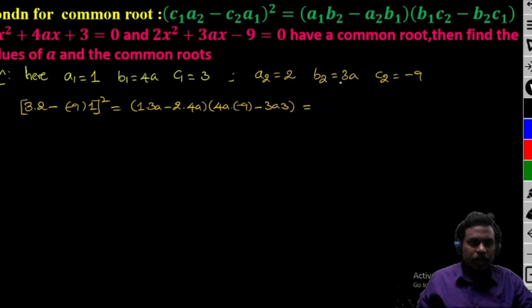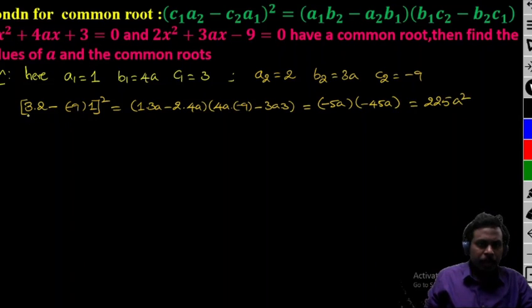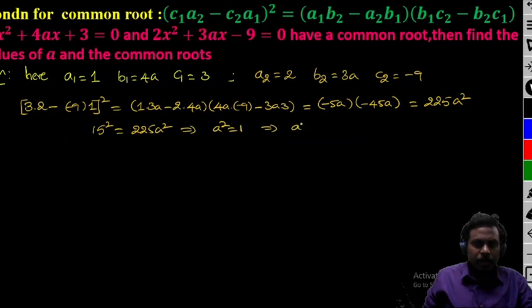So that is equal to 3a minus 8a, that is minus 5a, into minus 36a minus 9a. So this is minus 45a, that is equal to 225a square. And 3 into 2 is 6, 6 into 6 is 15 square, is equal to 225a square, implies a square is equal to 1, implies a is equal to plus or minus 1.